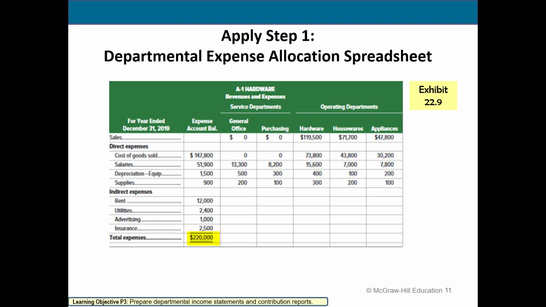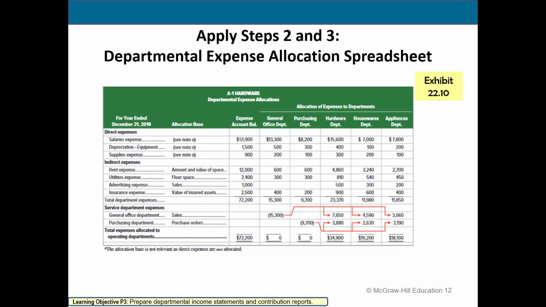So the total expenses that we will allocate come to $220,000. You can see the direct expenses are cost of goods sold, salaries, depreciation on the equipment, and supplies. The indirect expenses that we will allocate are rent, utilities, advertising, and insurance.